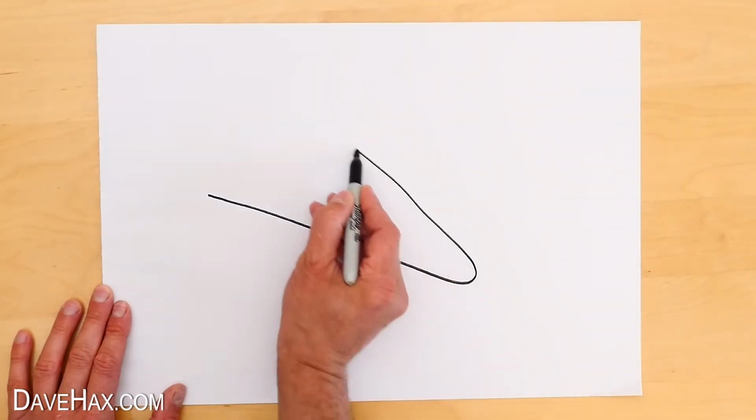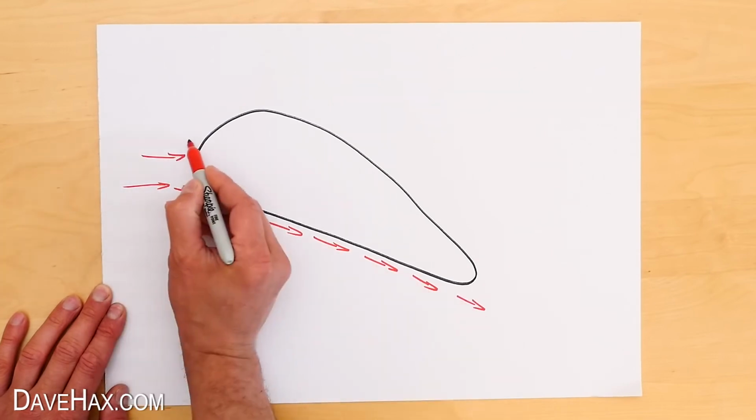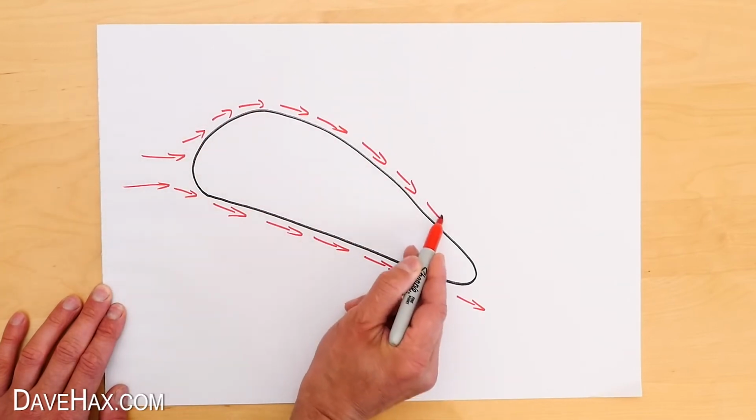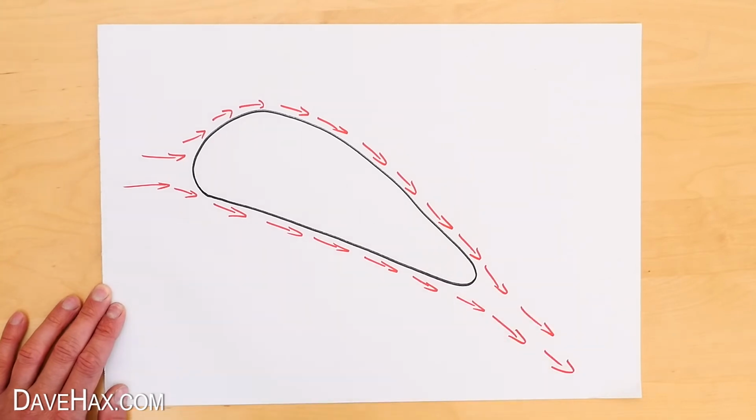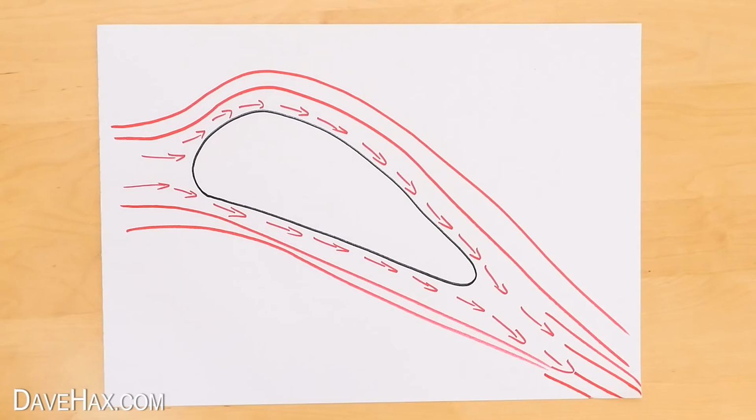If the whole wing is also slightly angled, this also helps achieve this effect. The air is deflected downwards by the wing, causing the wing to lift. Newton's third law of motion.